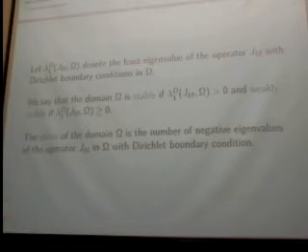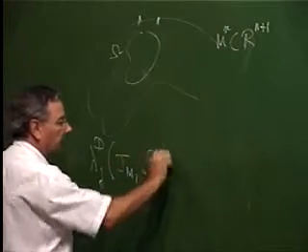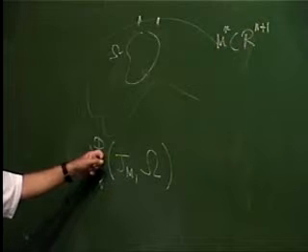So now we take a domain omega here, and we are interested in the eigenvalues of the Jacobi operator in the domain omega with Dirichlet boundary conditions.